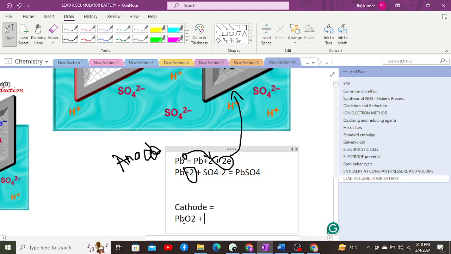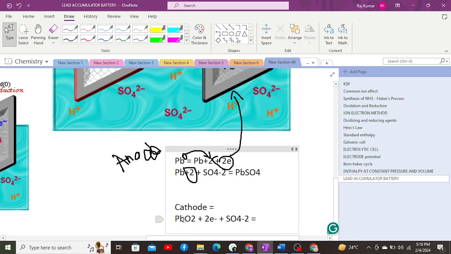When lead oxide gets two electrons, and as there are sulfate ions present as well, let us mention sulfate ions on the cathode side. As we are getting these electrons as well as the sulfate ions and lead oxide, the reaction which will actually occur here will again be a reduction reaction.